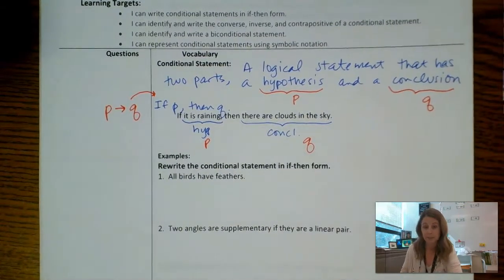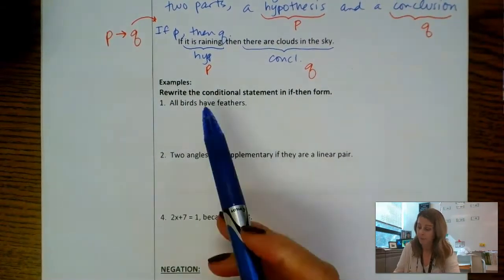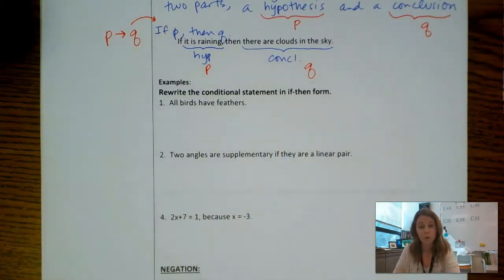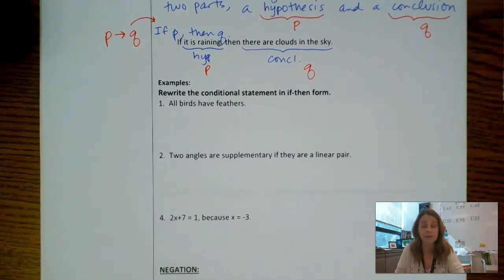So let's do a couple examples next. Rewrite the conditional statement in if-then form. All birds have feathers. I need to determine what is the hypothesis and what is the conclusion, since I don't have the benefit of the words if and then. So I just say this to myself several times: what's the subject of the sentence?